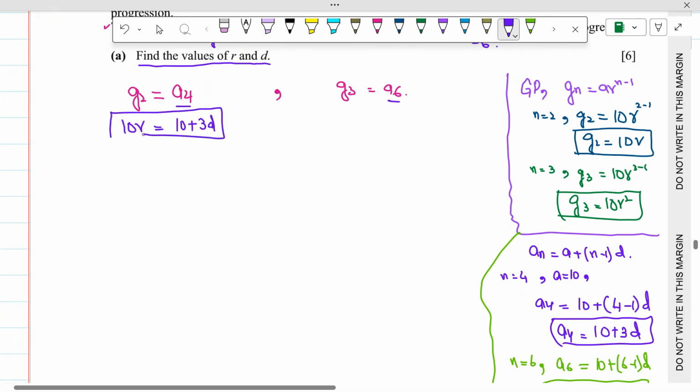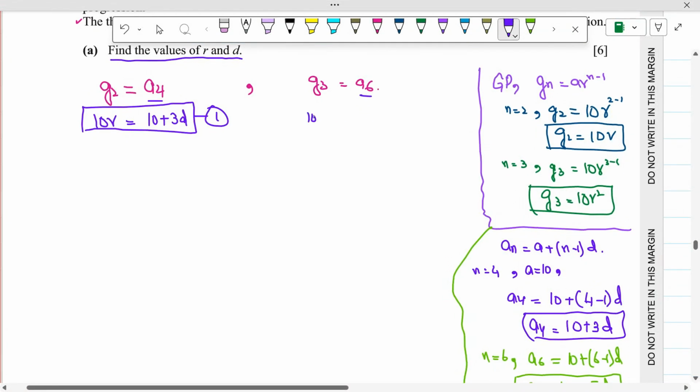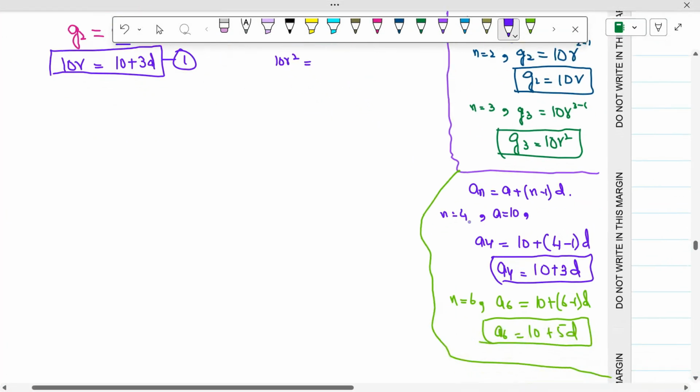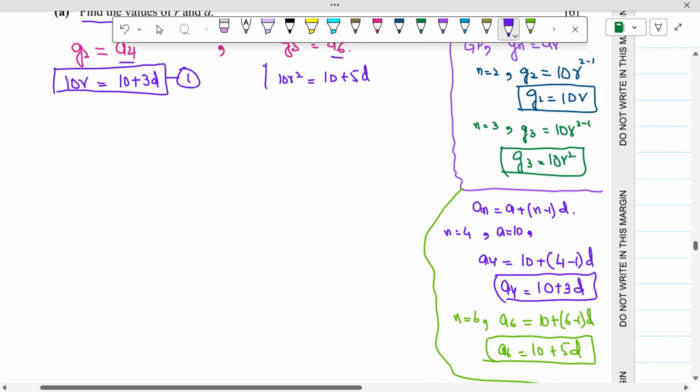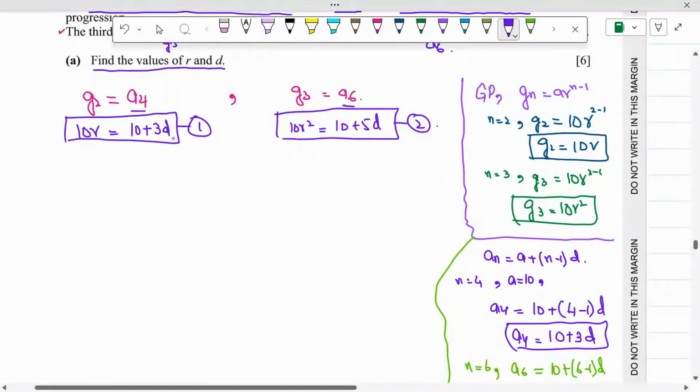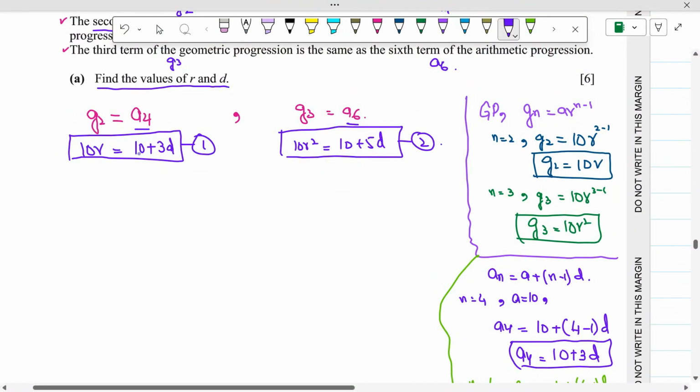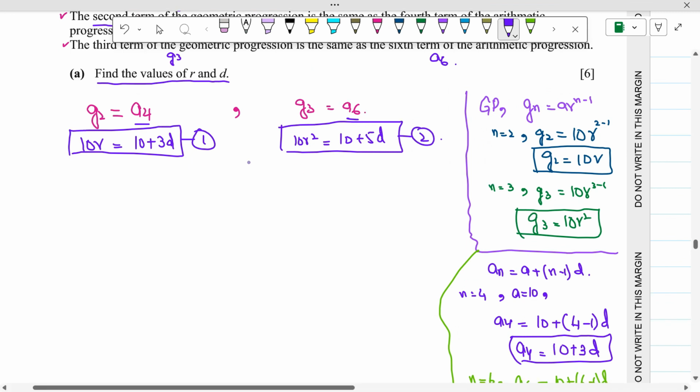This is equation 1. Similarly, g3, 10r squared, is equal to a6, which is 10 plus 5d. And this one is equation 2. We need to find the value of r and d.